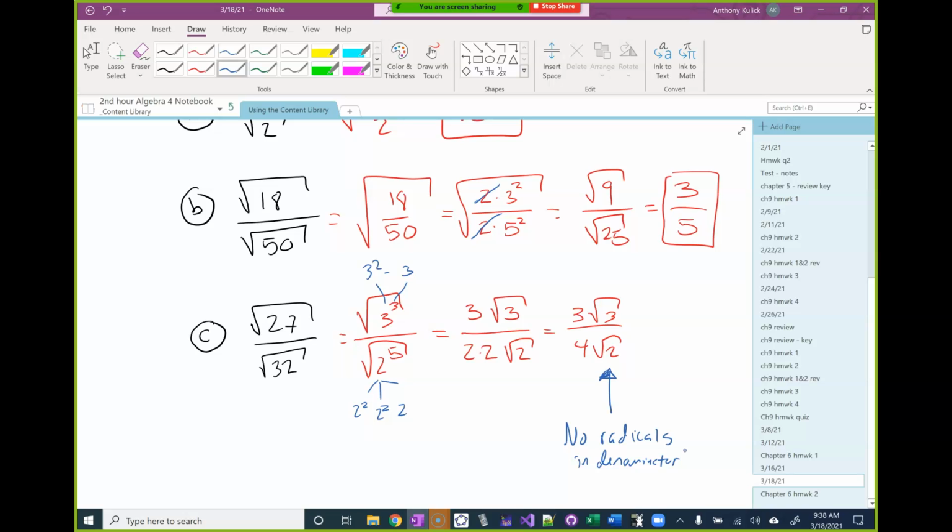What we do is the square root that we're trying to remove from the denominator, we're going to multiply to the top and bottom of our fraction. This process is called rationalizing the denominator.